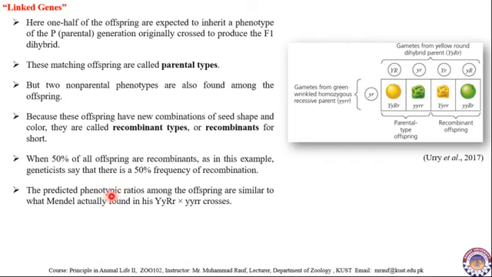The predicted phenotypic ratio among the offsprings is similar to what Mendel actually found in his cross with the homozygous recessive parent and heterozygous dominant F1 hybrids.